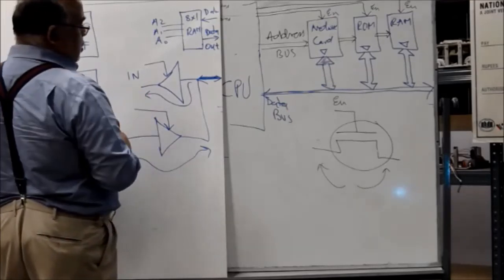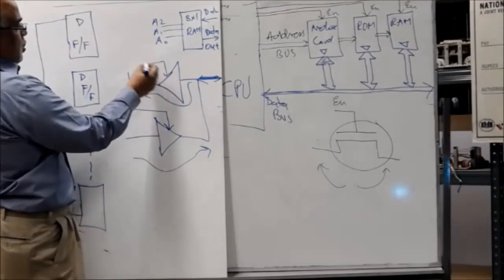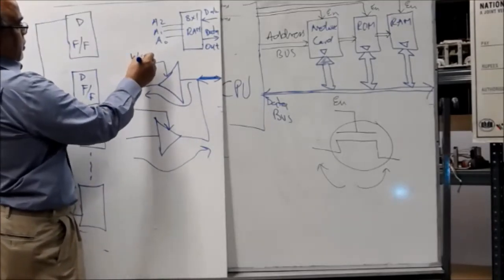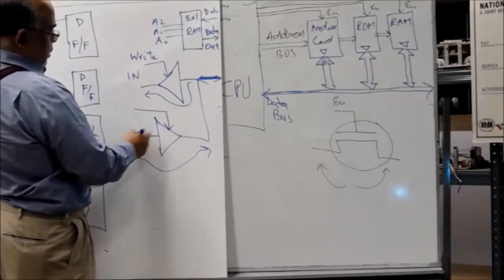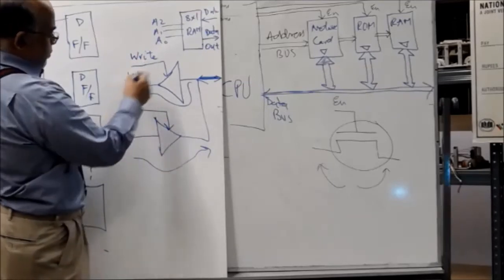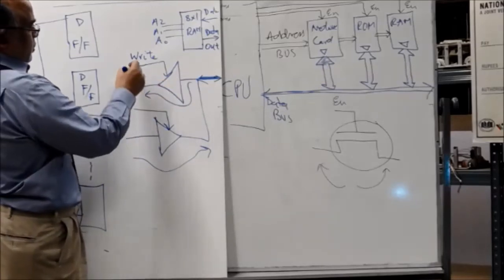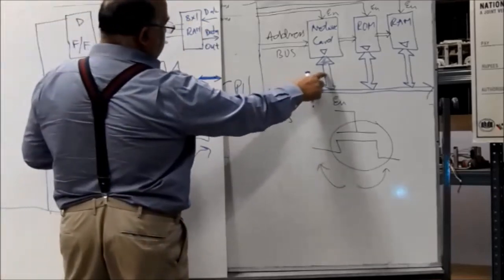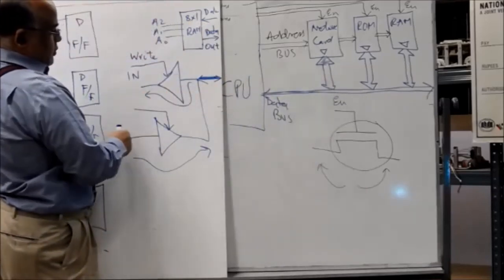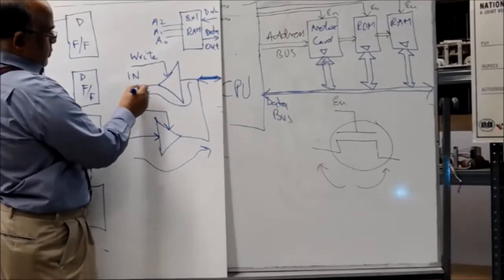So this is enabled when you are writing, and this is enabled when you are reading. The data is going from memory to the external wire. So this is how you convert this bidirectional line to two different lines: one is the input data line, one is the output data line.